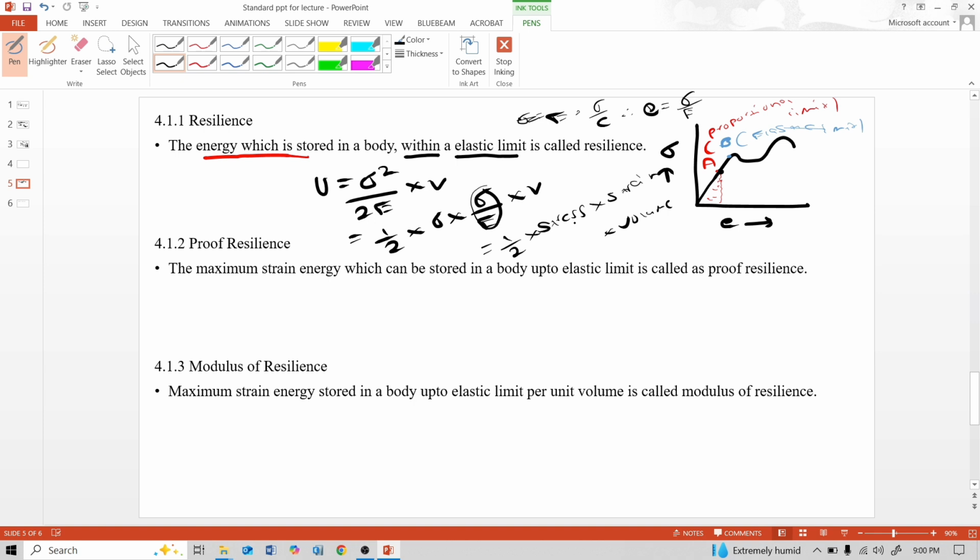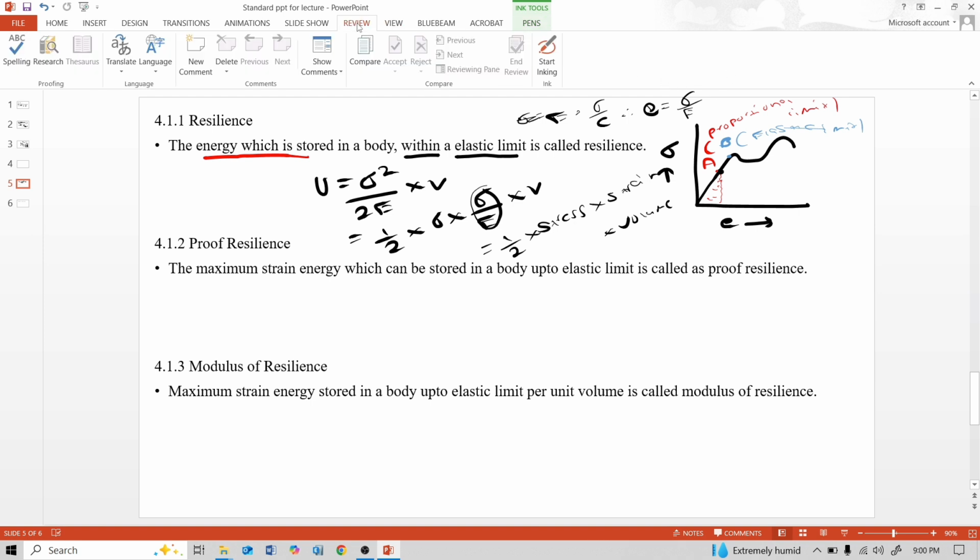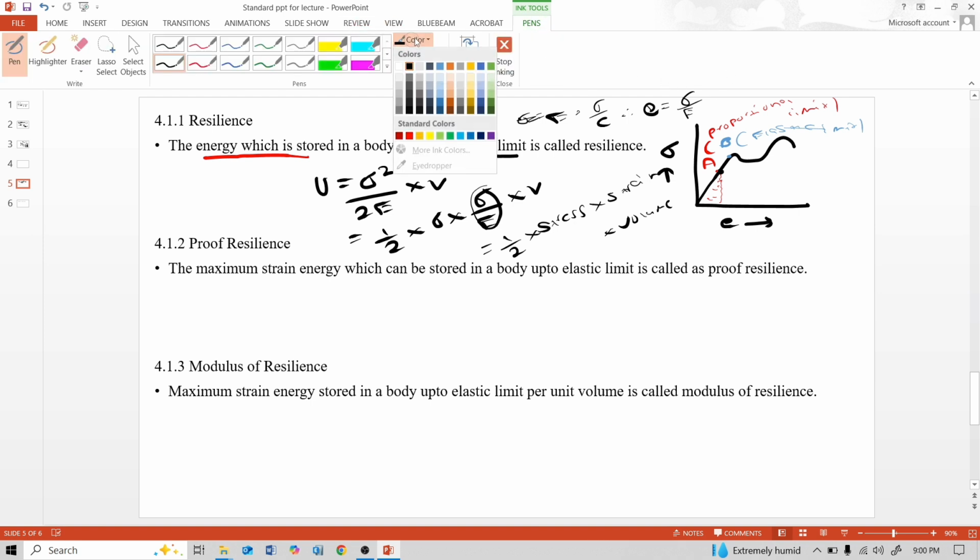Next concept is proof resilience. The maximum strain energy which can be stored in a body up to elastic limit is called proof resilience. See the difference between resilience and proof resilience. Here the word "within" is not used in the proof resilience definition.